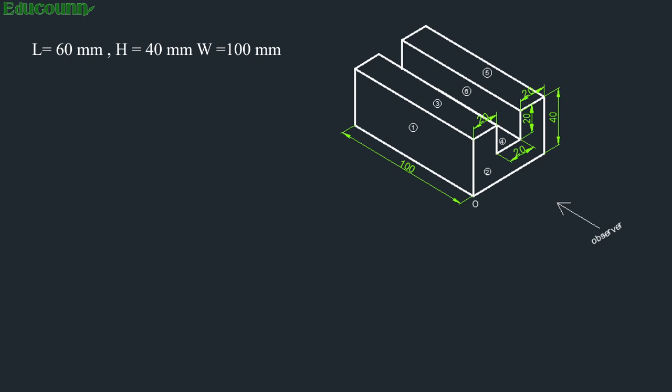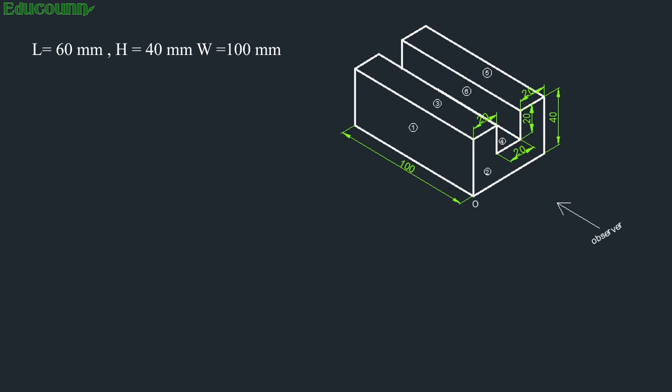Again the position of the observer will indicate the front view, and according to this we have to choose the left hand side view. Now there are certain numbers marked on different surfaces of this C slot. These numbers indicate the individual surfaces of that slot and the surface changeover.